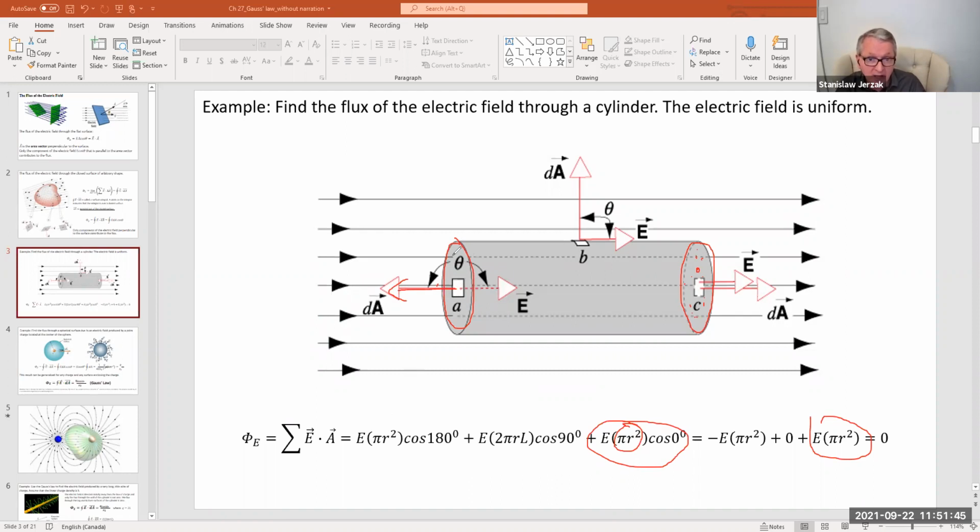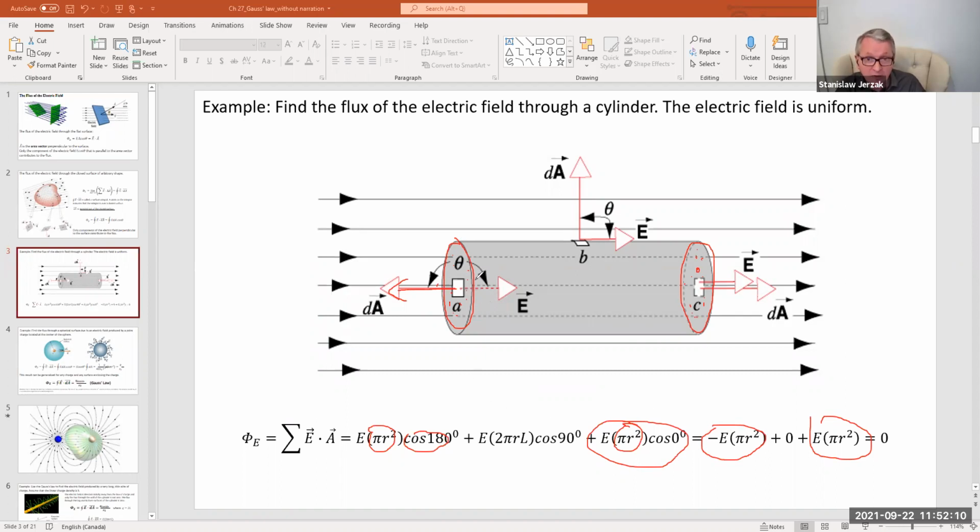And because the electric field, again, is uniform everywhere within that circle, I multiply the electric field times the area times the cosine of 180. Cosine of 180 is -1. So the contribution to the flux through this surface would be negative E times pi r squared.